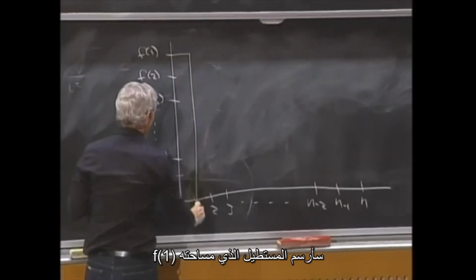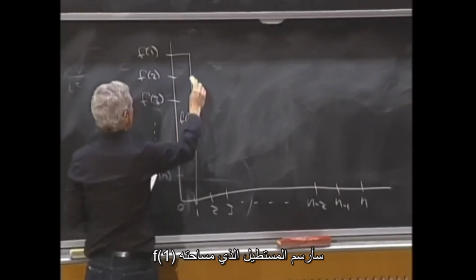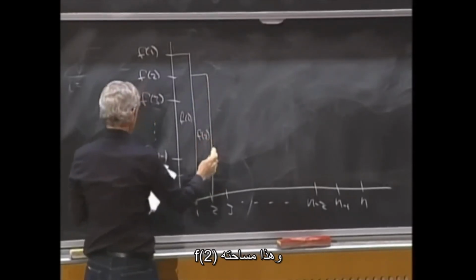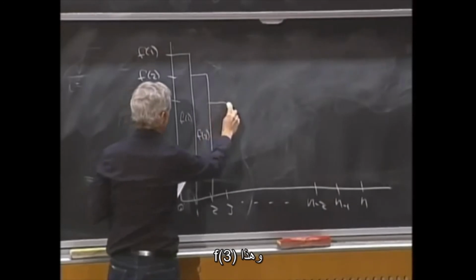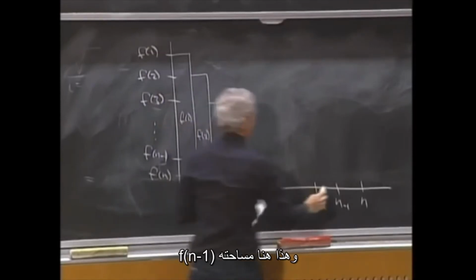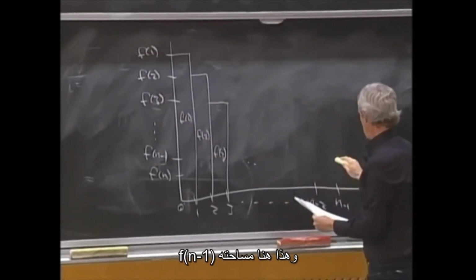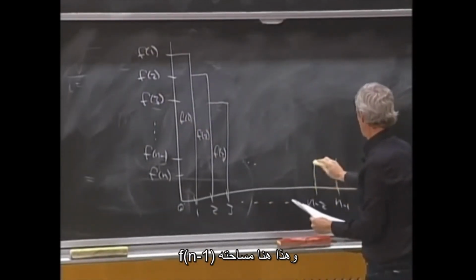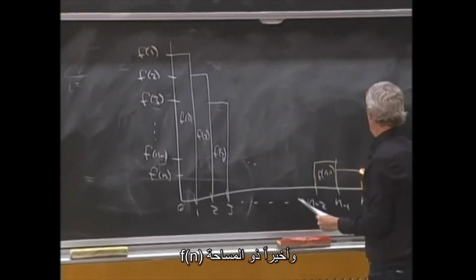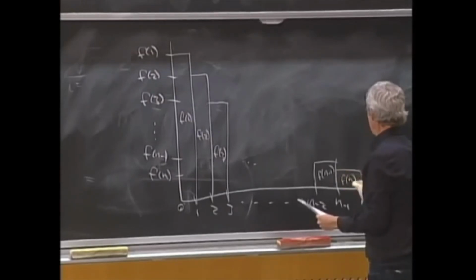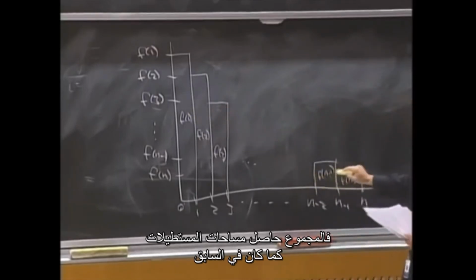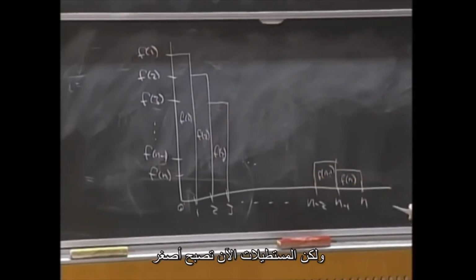This has area f of 1. This one has area f of 2. This one has area f of 3. And then this one has area f of n minus 1 here. And then lastly, area f of n. So the sum is the area in the rectangles, just like before, except now the rectangles are getting smaller.